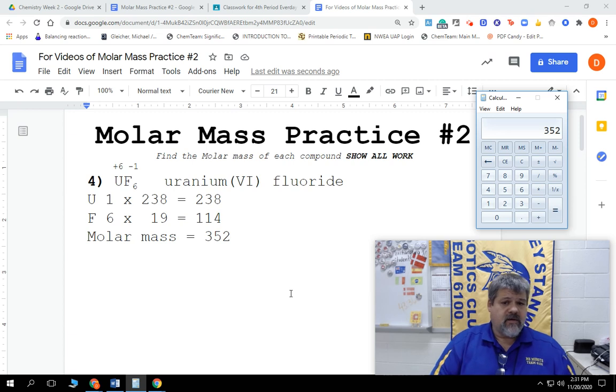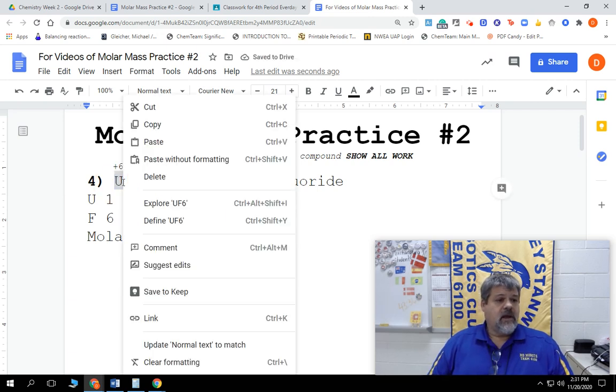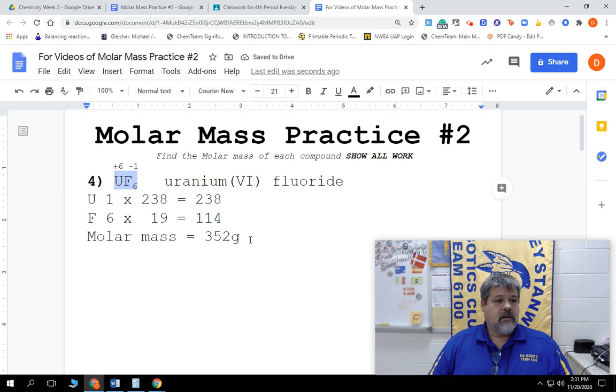And again, sometimes I might say the number wrong and write it wrong somewhere down there. So it's always good to double check all of these things. Now we're not done there. It's going to be grams. And grams of what? Uranium 6 fluoride. So we have to put that down. So we're going to copy that and paste it right there.